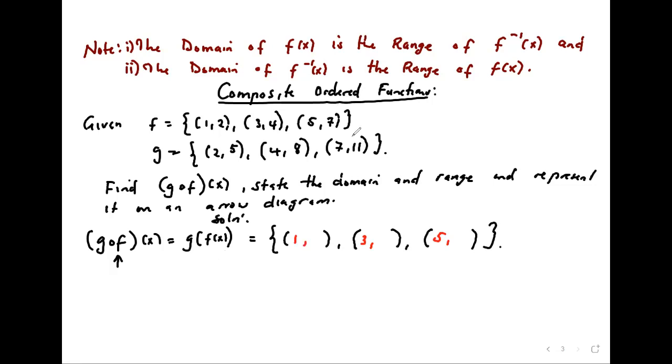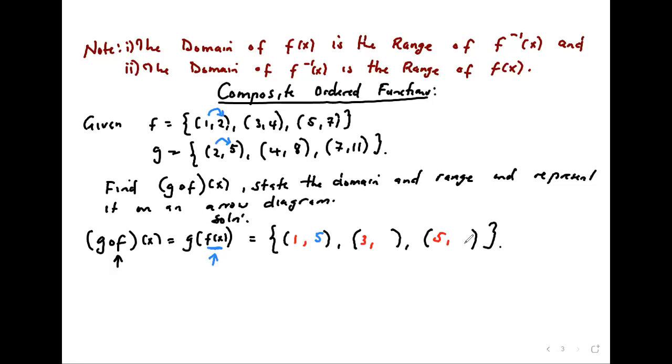Now let's see the corresponding ones. So you follow f now, because we must vote in f first. So where does f take 1? F comes to 2. Do we say 2 in the composite? No. We go to g now, because we have a function of x, f of 1 is 2. We're putting it inside g. So we take 2 to g. So what is g of 2? g of 2 is 5, meaning here 5 will respond to 1. 3 to 4.